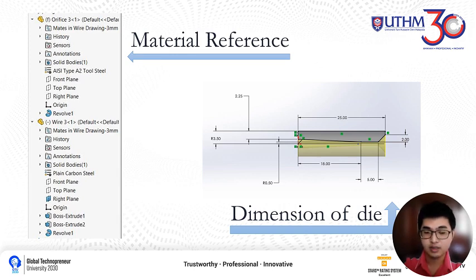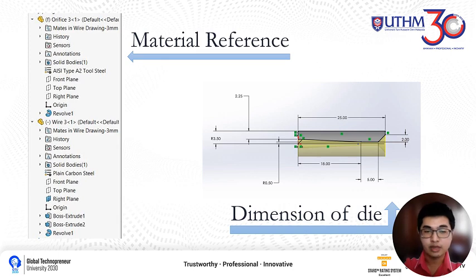Also, it serves the purpose of cooling down and preventing the wire from sticking on the inner surface of the die, because it will heat up a bit from the process when the wire is being pulled through the die.